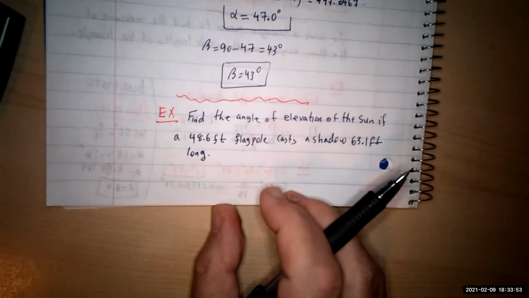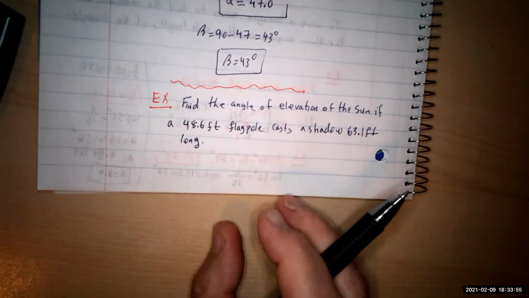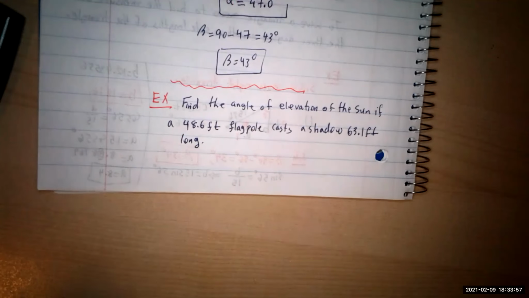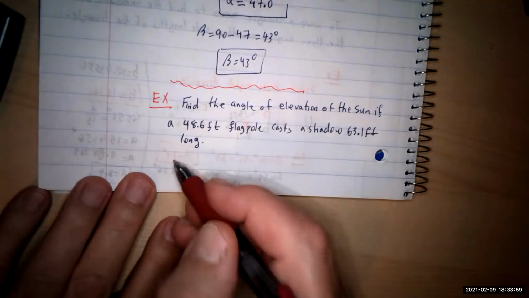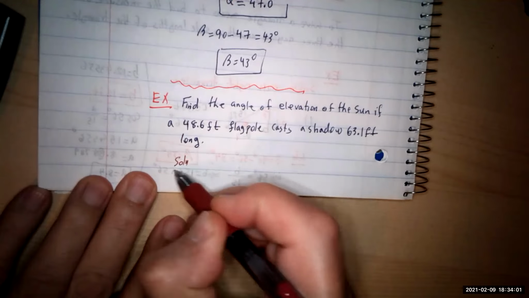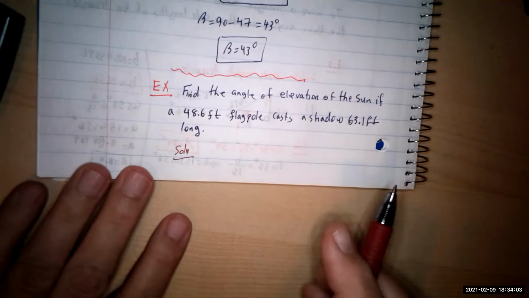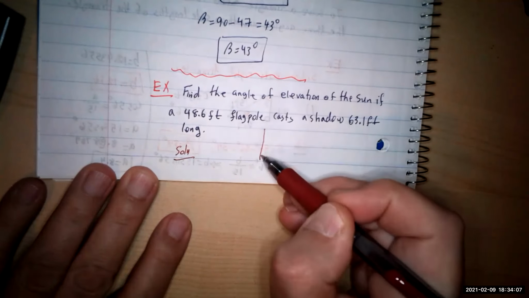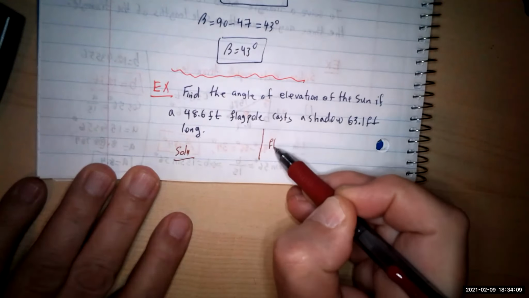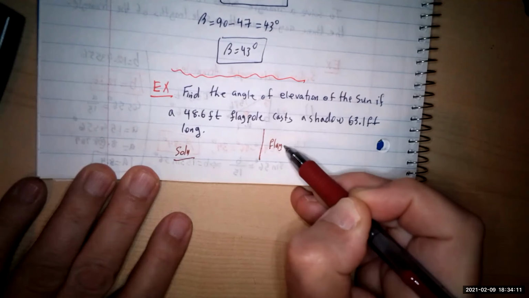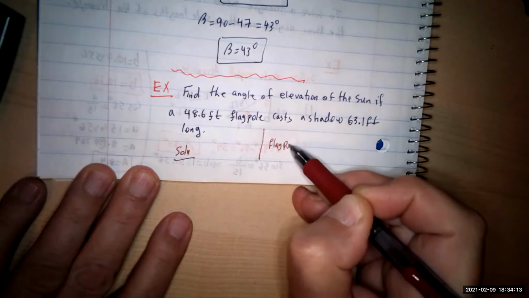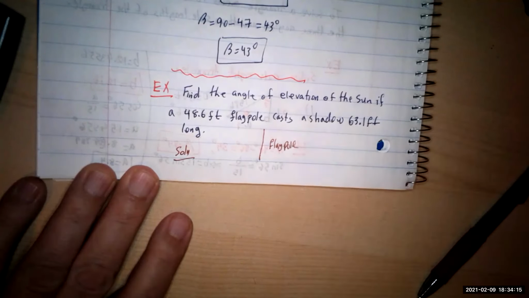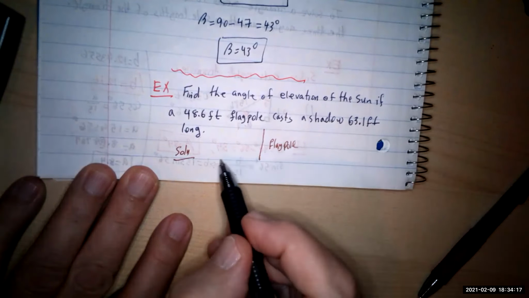Okay, that's a very popular problem. You have to have a graph, if you like, of information. So this is going to be the flagpole, and this is going to be the shadow.